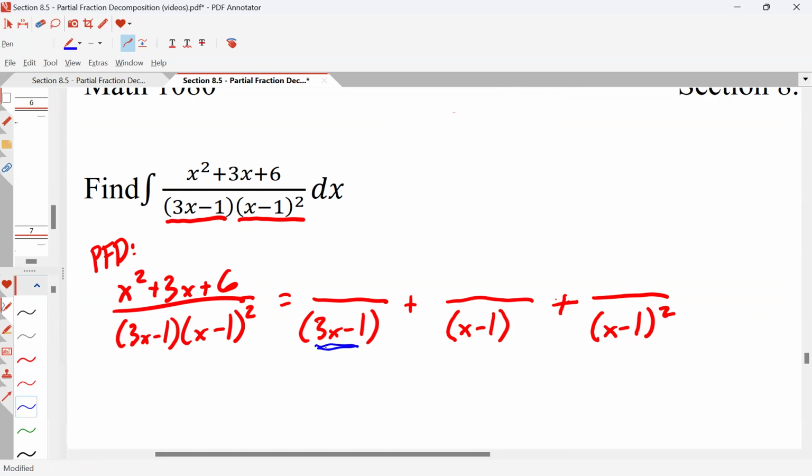Now, looking at what these factors actually are, we have linears in all of them. But wait, this one's a square? Does not matter. It's based on a linear factor, so we're just going to put a constant on top of it. Again, writing out that example again.